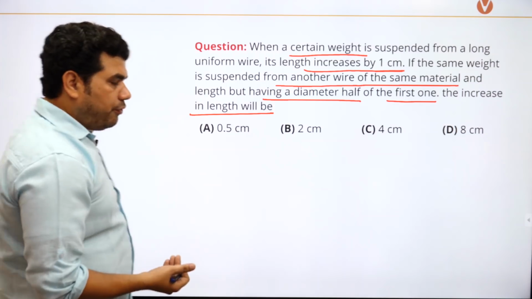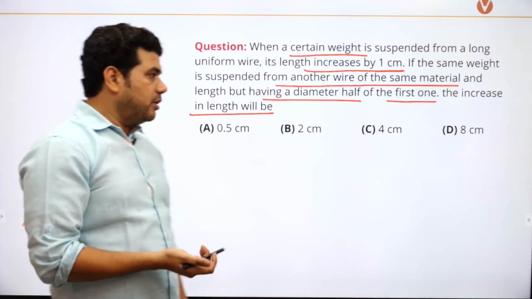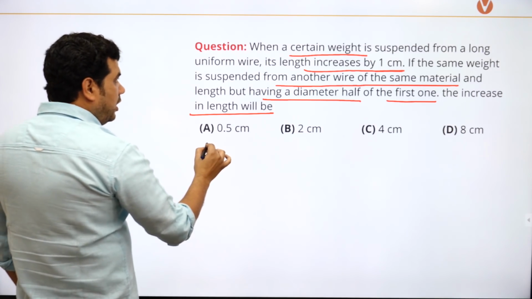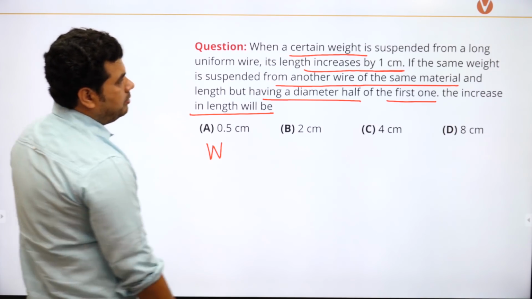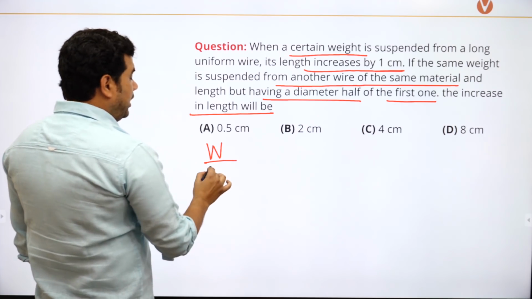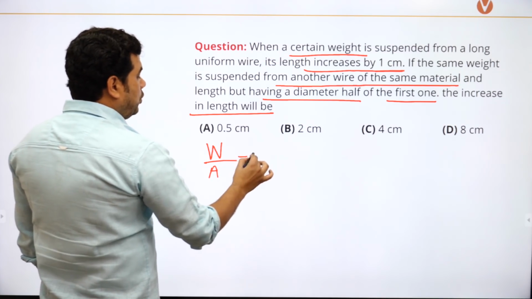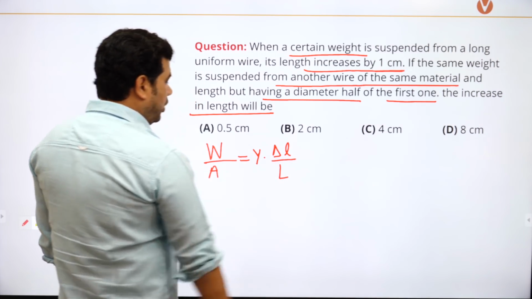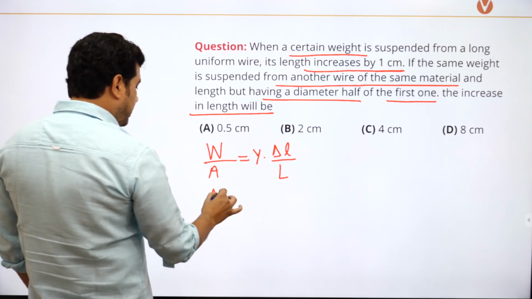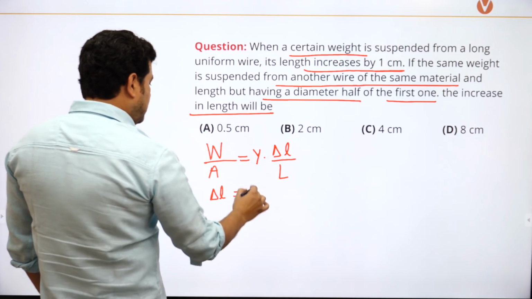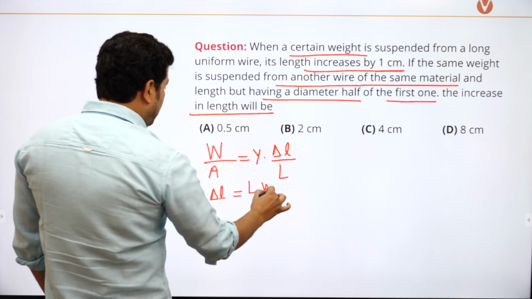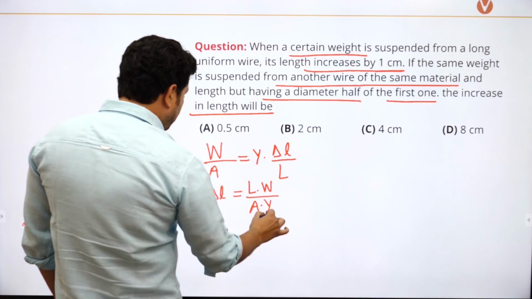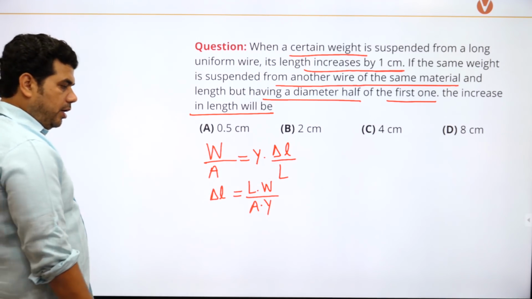So again we have to find the increase in length. For the increase in length we have the formula: W, the same weight, upon area is equal to Y into delta L upon L. So the increase in length delta L is equal to L into W upon A into Y. Got it?